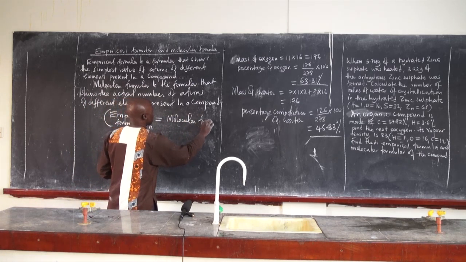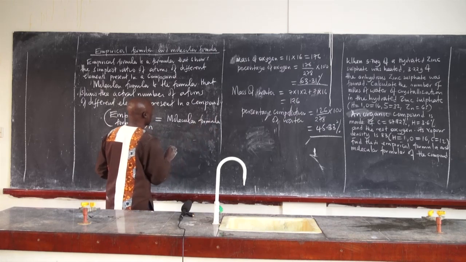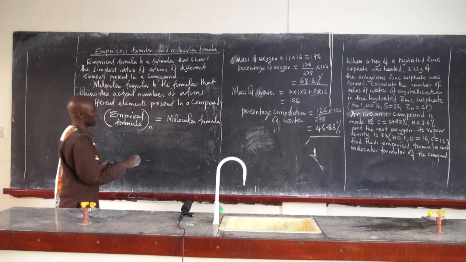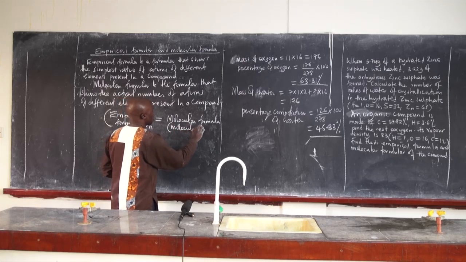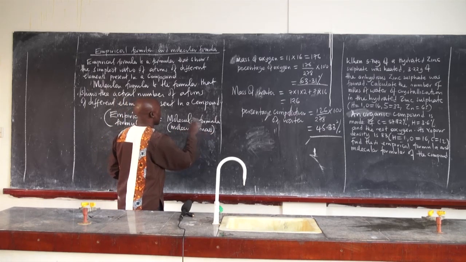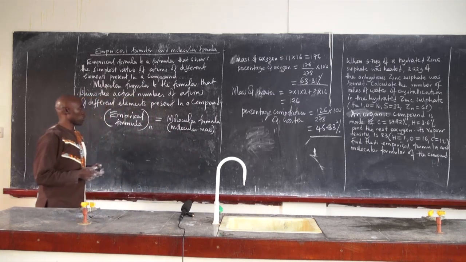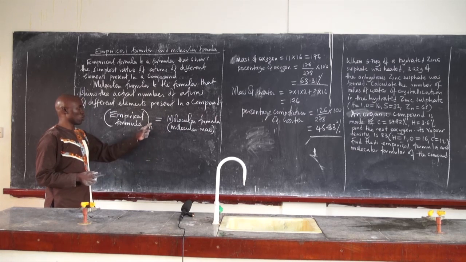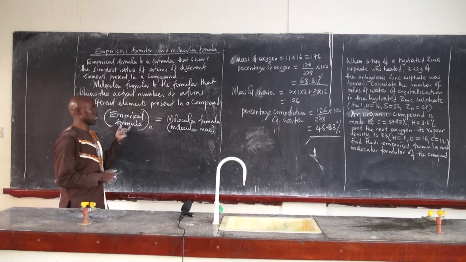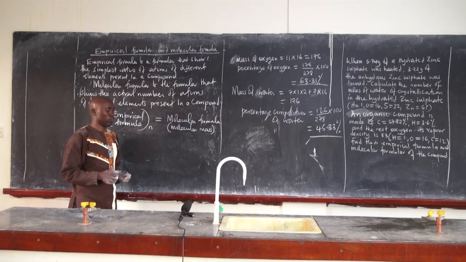And remember, the molecular formula on calculating gives us the molecular mass, so we equate to the molecular mass and solve for n. n is the whole number that relates the empirical formula to the molecular formula.